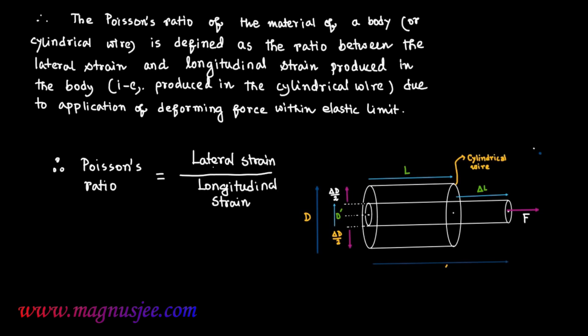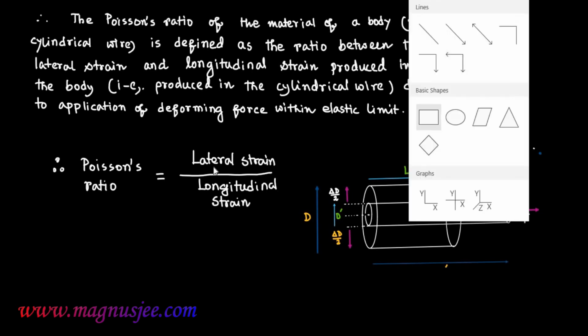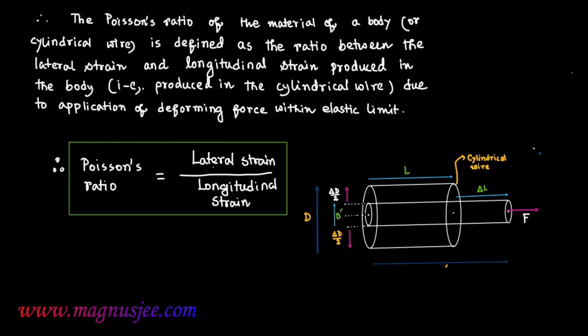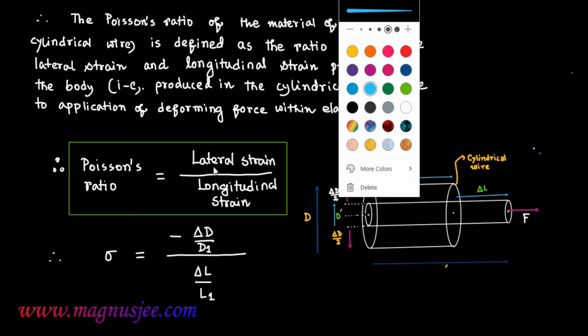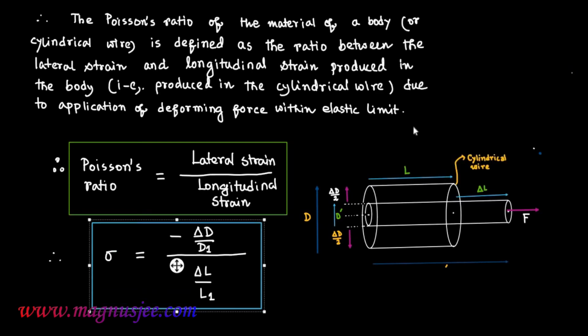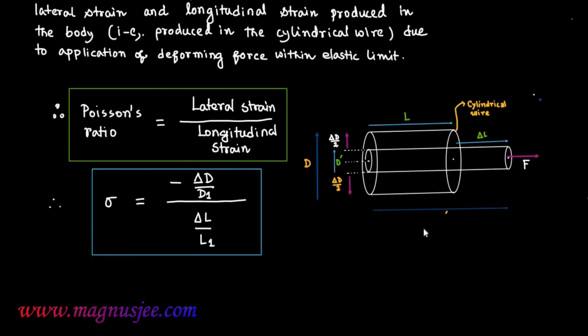Therefore, sigma equals minus delta D by D1 divided by delta L by L1. That is the expression of Poisson's ratio.